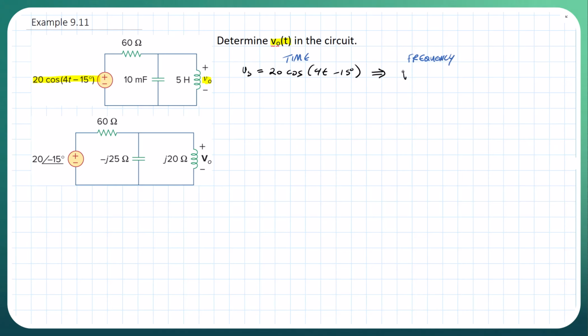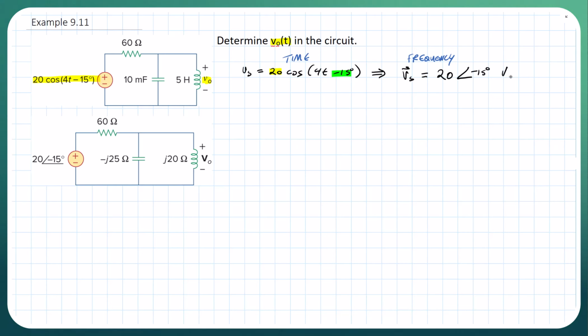We know that Vs is equal to, we take the amplitude 20, put that up here, and then the angle is going to be minus 15, and this is going to be in volts.